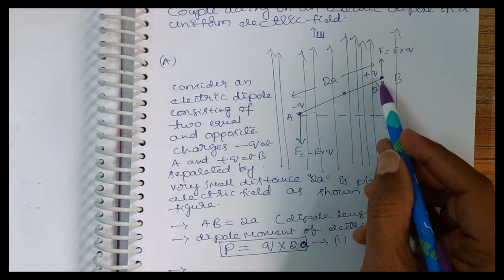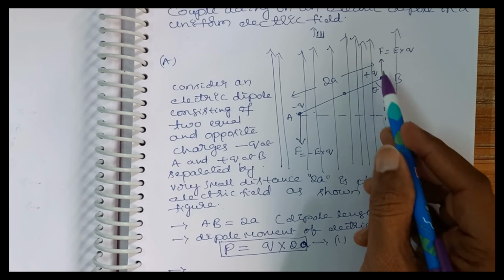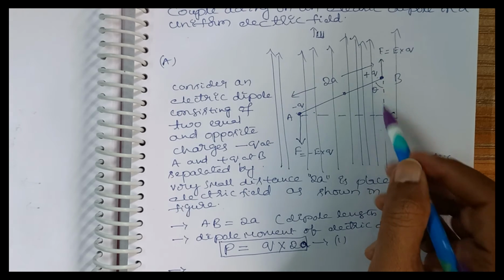Now the electric dipole can make its dipole moment at an angle theta with respect to the direction of the electric field.